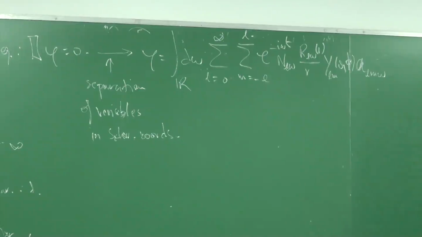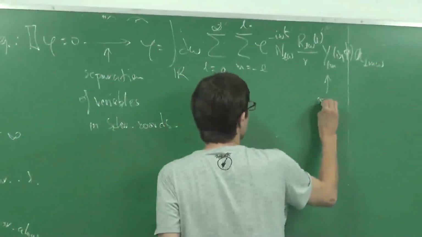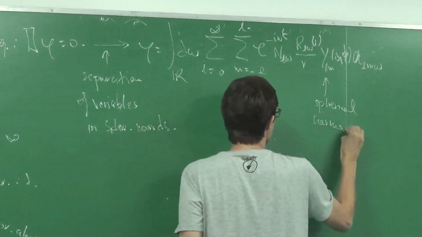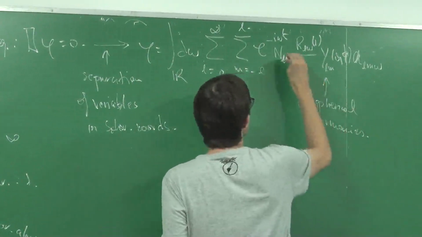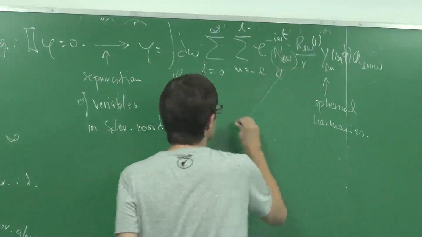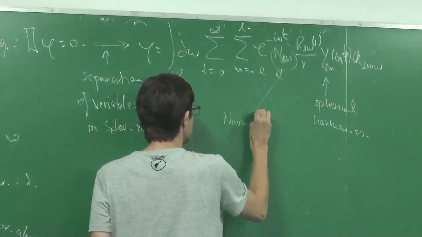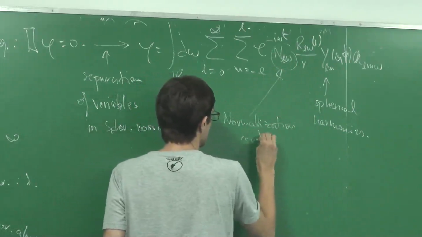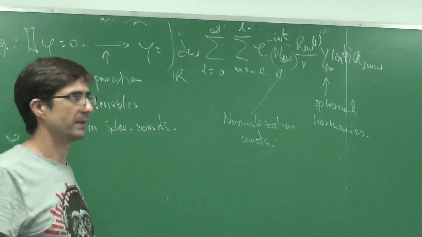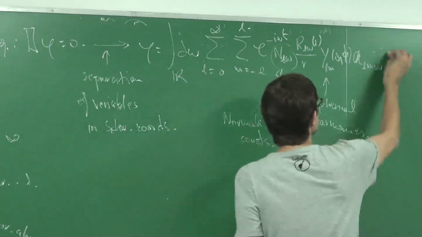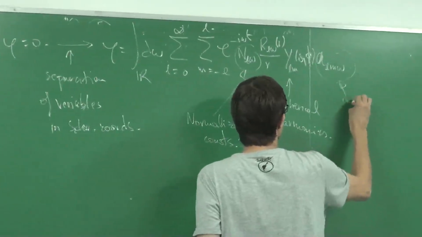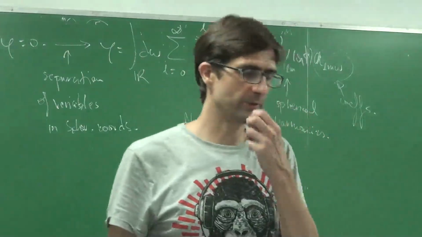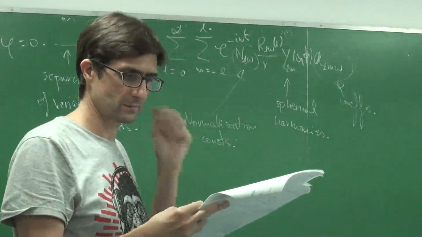The Y's are the spherical harmonics. These N's are some normalization constants which we will choose so that the modes are normalized appropriately. And the A's are just the Fourier mode coefficients, what will become the annihilation and creation operators when we quantize.